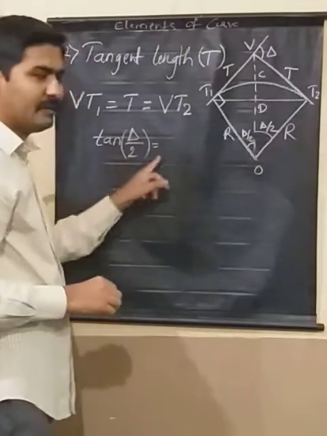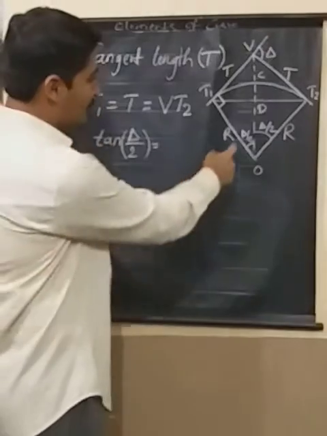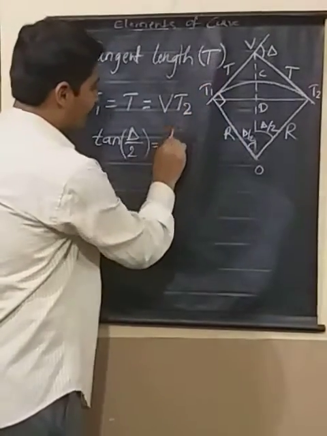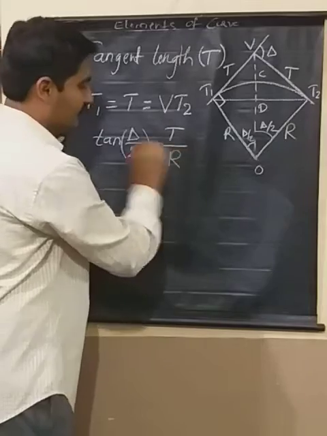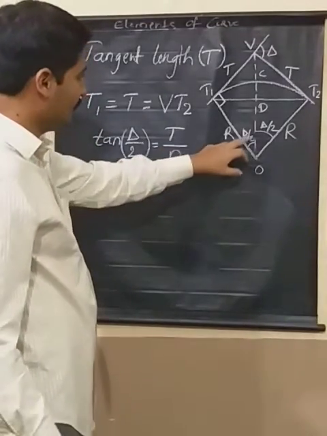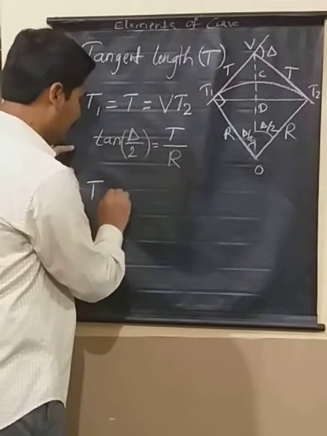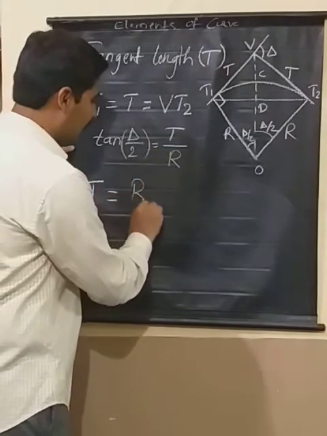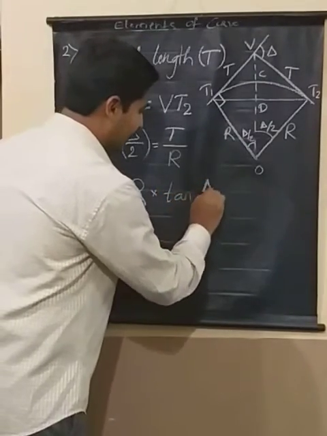So what is tan delta by 2? Tan means opposite by adjacent. So opposite is T, adjacent to this is R, isn't it? So T by R. I need what is T. So T is going to be R tan delta by 2.